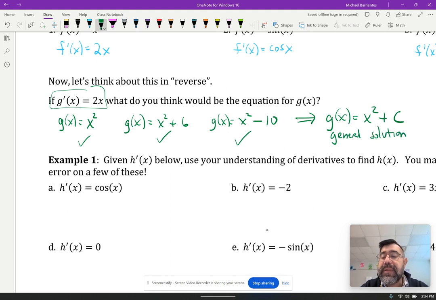And later when we deal specifically with differential equations, we'll find that this general solution will help us solve problems if we know an initial condition. But that's in the future. So the moral of the story is, working backwards and finding the antiderivative means that for any function I can find the antiderivative for, I can always add a constant and it would also be an antiderivative. So we just write the plus c for all cases.